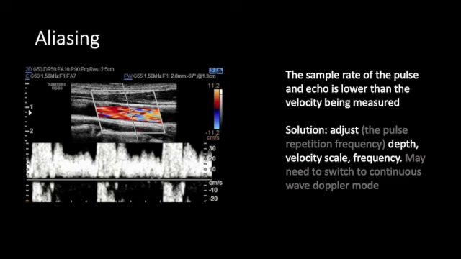Now, we'll talk about this more in the knobology and when you're in clinic with me looking at this, but if you see lots of rainbow colors in one spot, there's either pathology or there's aliasing, more commonly aliasing being the cause of that. So just be aware that this occurs, and we can show you how to fix it in some of your practice scanning sessions.